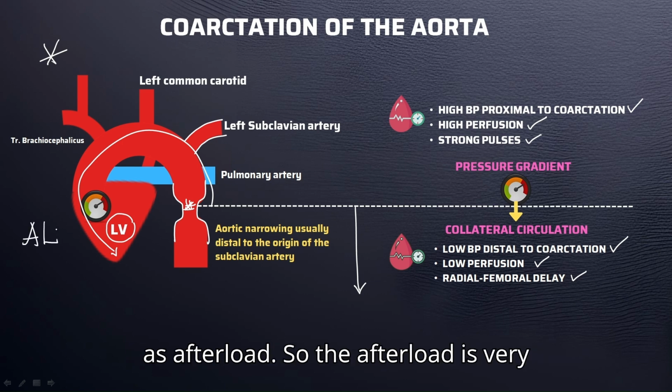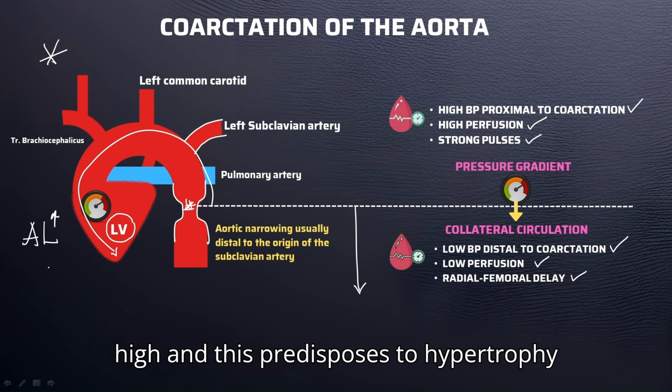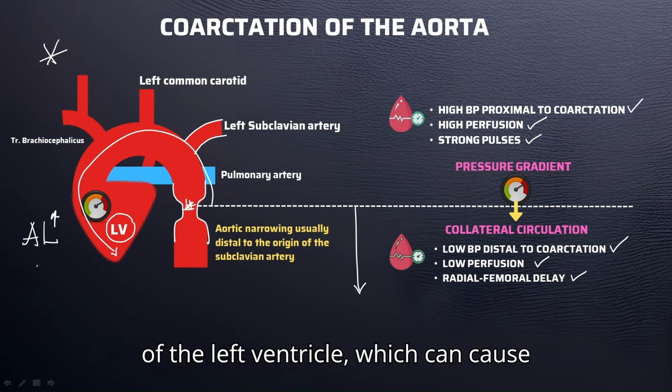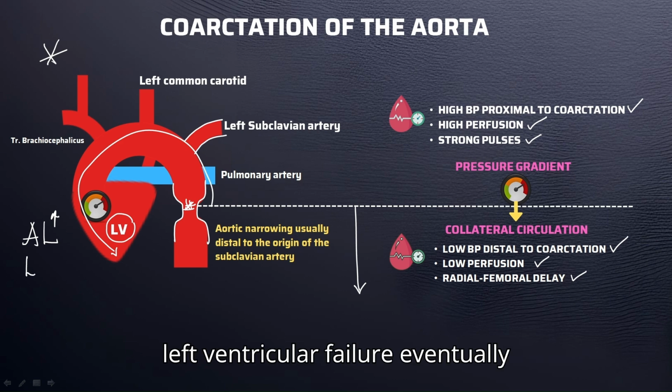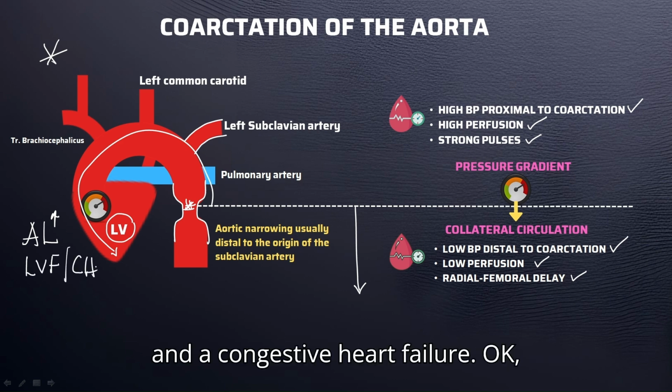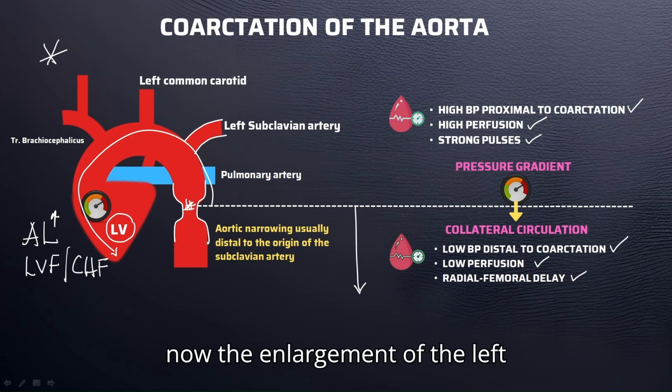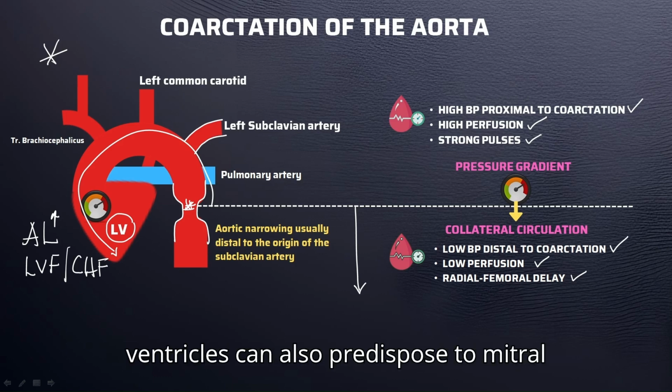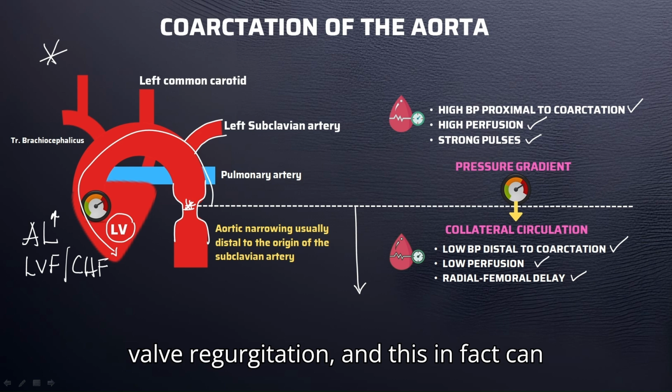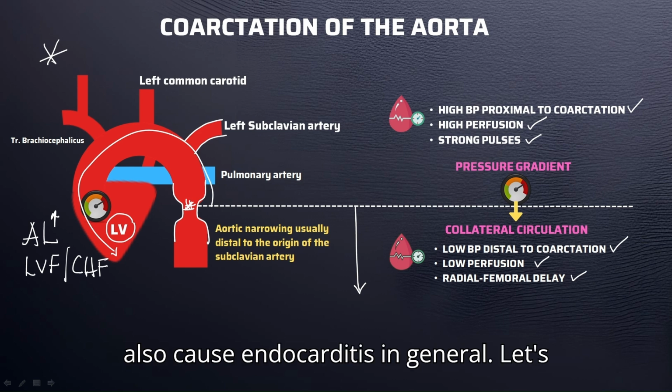So the afterload is very high, and this predisposes to hypertrophy of the left ventricle, which can cause left ventricular failure eventually and congestive heart failure. Now, the enlargement of the left ventricle can also predispose to mitral valve regurgitation, and this in fact can also cause endocarditis in general.